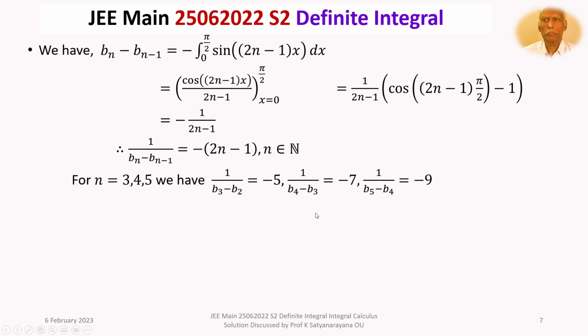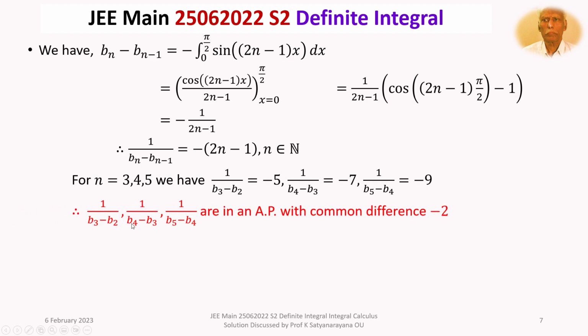So what are they? They are in an arithmetic progression with a common difference that is minus 7 minus of minus 5, that is minus 2. So 1 by b3 minus b2, 1 by b4 minus b3, 1 by b5 minus b4 are in an arithmetic progression with common difference minus 2.